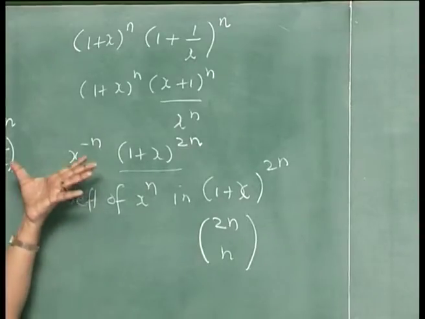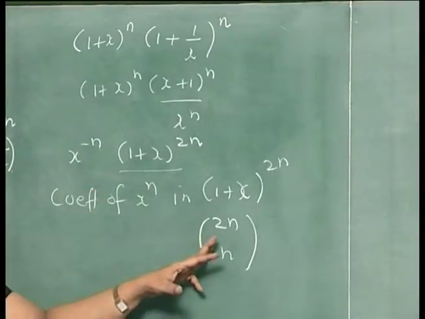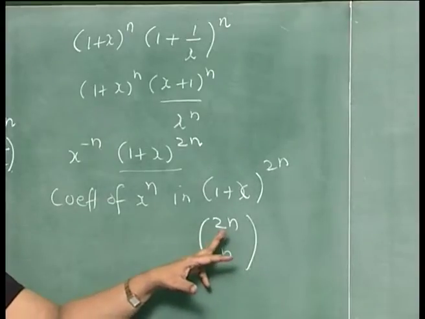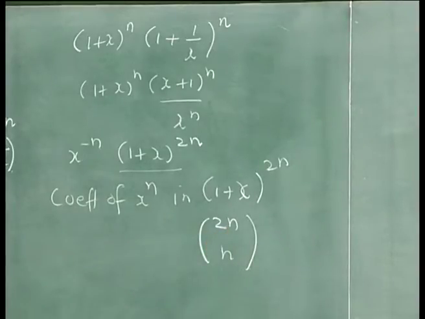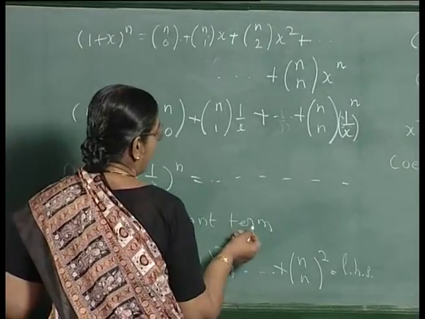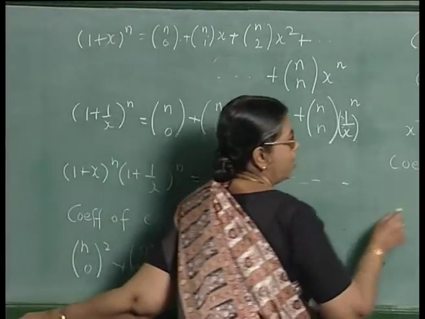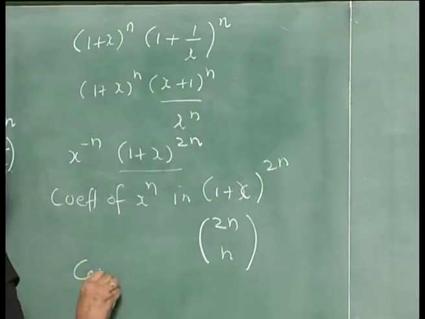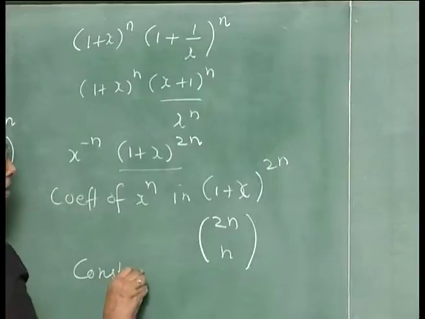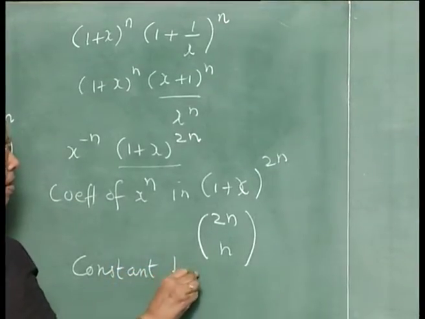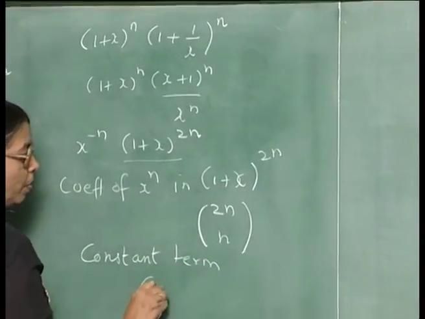So, if you look at it in a different way, the constant term here is 2nCn, or instead of saying coefficient of the constant term, I could have said constant term itself. The constant term is this, so it becomes equal to 2nCn.